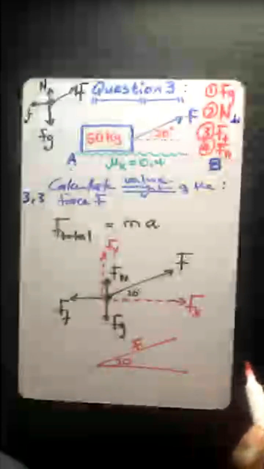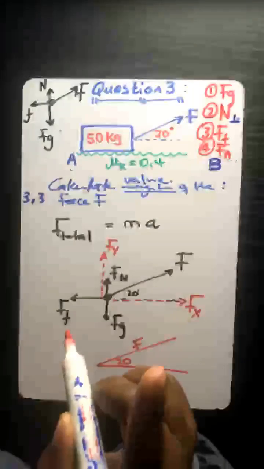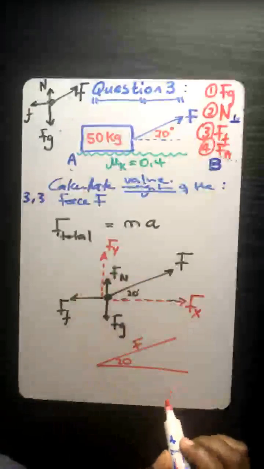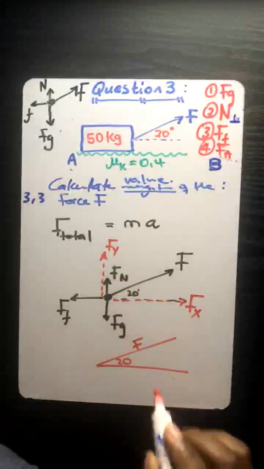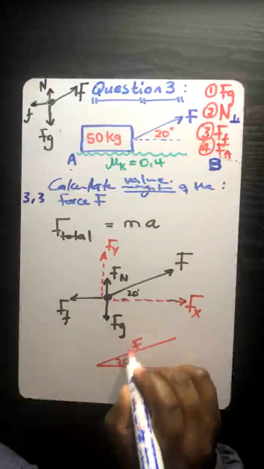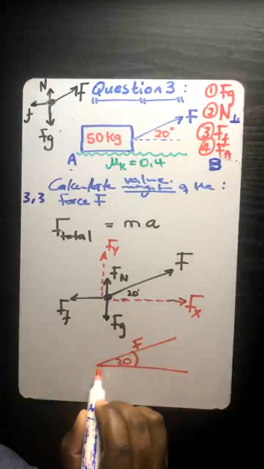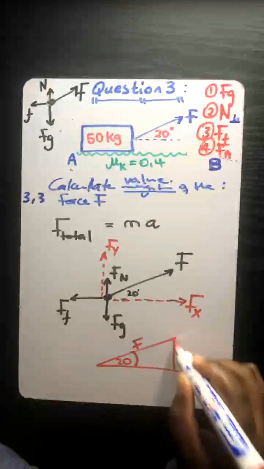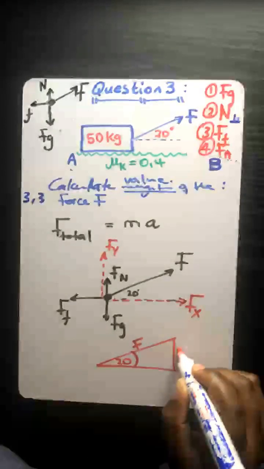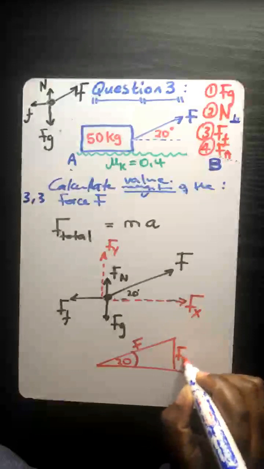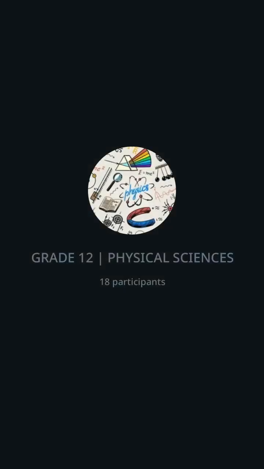The force, honorable members, at all times is the hypotenuse. The force applied is the hypotenuse. So if we have the hypotenuse and we have the angle, that means this is the adjacent and this is the opposite. So what I'm saying is Fy is the opposite, and Fx is the adjacent.